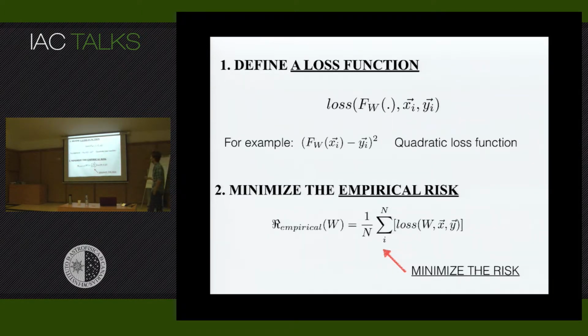You apply your function to the measurements, and this gives you a label that you compare to the label that you know is true for the training set. And this is your metric. Once you have your metric, you try to minimize it and find the weights. Remember, what you're trying to find is W, because this is what parameterizes your function, that makes this loss minimal. This is what you do, for example, for chi-square fitting.